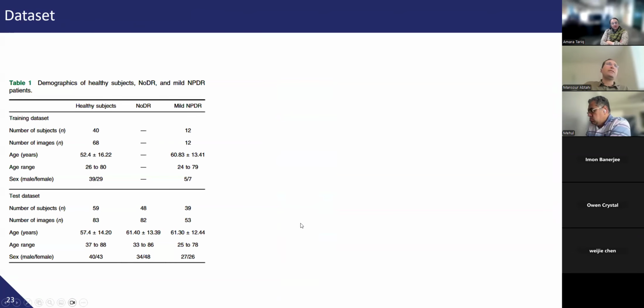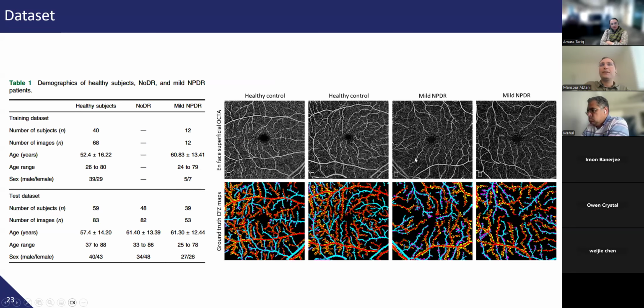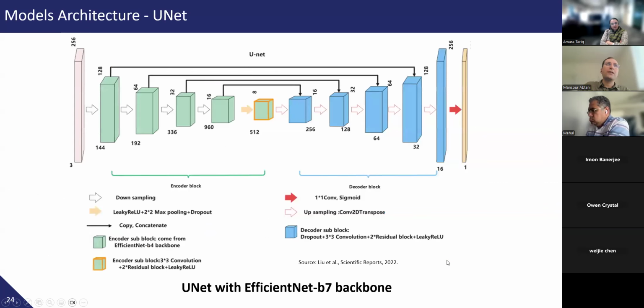And this is the data set that we used for the training and also for the test. And these are some samples of the ground truth images that we developed. We had healthy control and also NPDR, mild NPDR samples in the training process. I tested several segmentation models to check which one has higher performance.